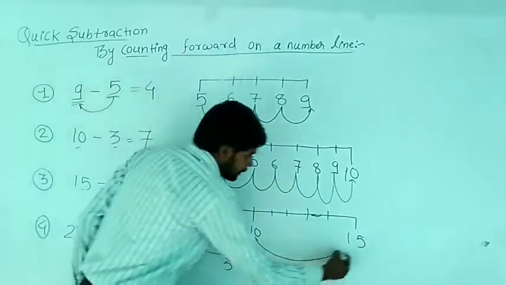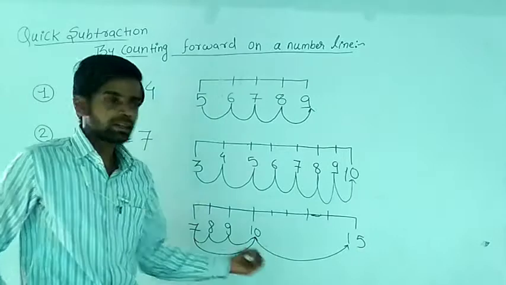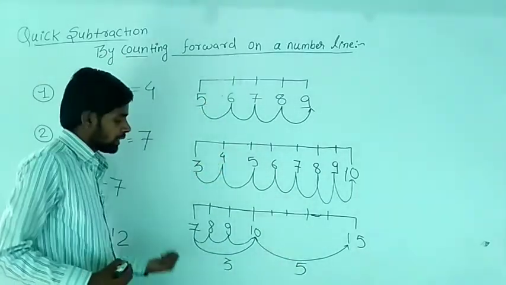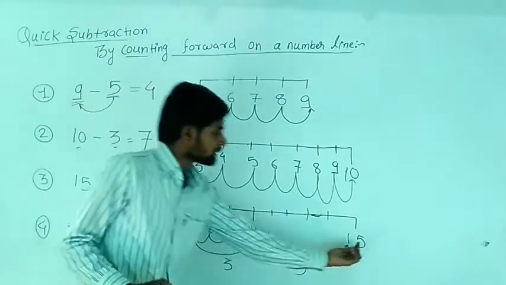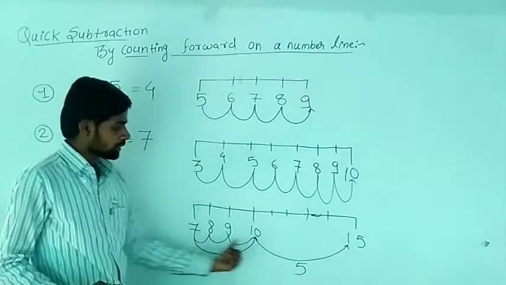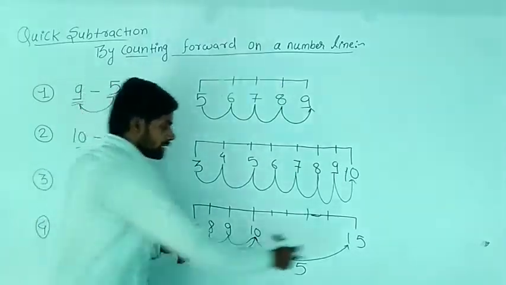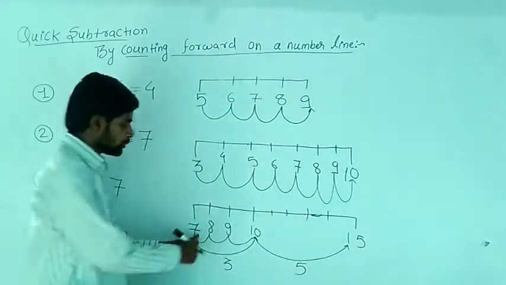And from 10 to 15, how much number is there? From 10 to 15 there is 5 numbers. Okay, so now what we will do, अब इन दोनों के बीच में कितना डिफरेंस है? 5 का, और इन दोनों के बीच में डिफरेंस है 3 का. Okay, but we want a difference from 7 up to till 15. हमको तो पूरा चाहिए.